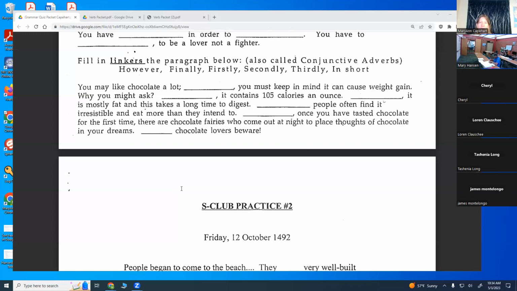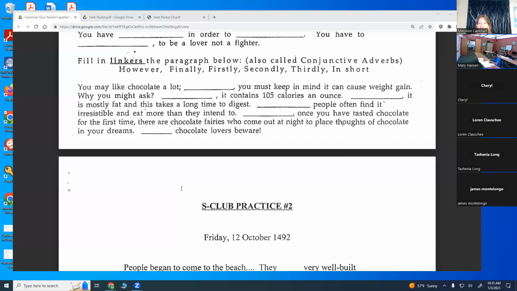All right. You like chocolate a lot? What's the next? There is no but. However, it's similar to but. I didn't even read that part. The linkers on the paragraph. You must keep in mind it can cause weight gain.